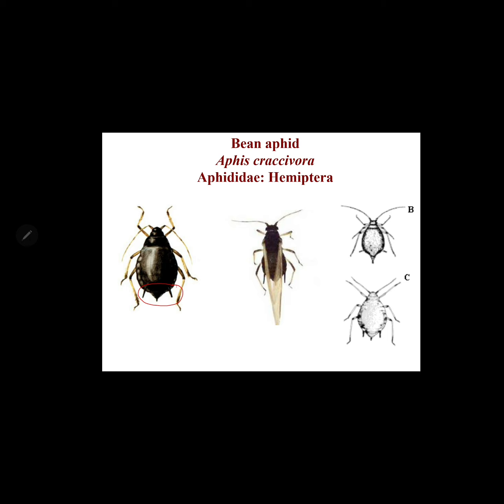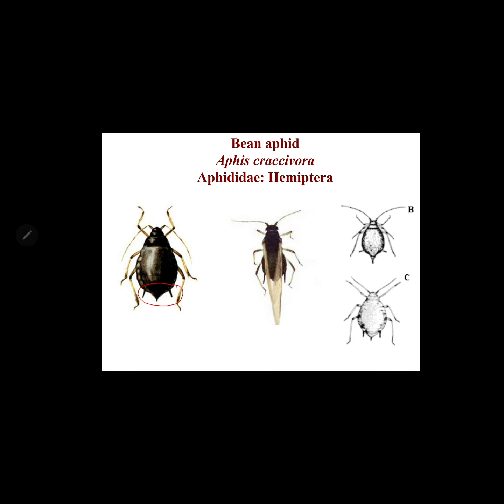This pest can be controlled with tobacco decoction, that is 1 kg of tobacco boiled in 10 liters of water for half an hour and made up to 30 liters, plus we can add 100 gram of liquid soap. Or it can also be controlled with systemic insecticides like dimethoate at the rate of 2 ml per liter of water, or phosphamidon 2 ml per liter of water, or malathion.